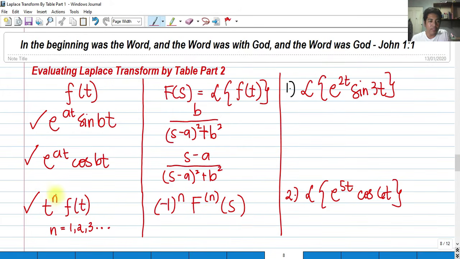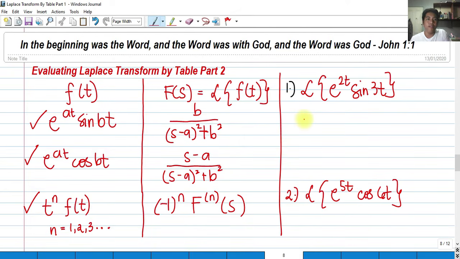If the exponent is 1 multiplied by a certain function f of t, then we substitute 1 here. So this is negative 1, and F1 of s means the first derivative of that F of s. Later on we will appreciate these tables when we solve some problems. So let's try to solve some problems.